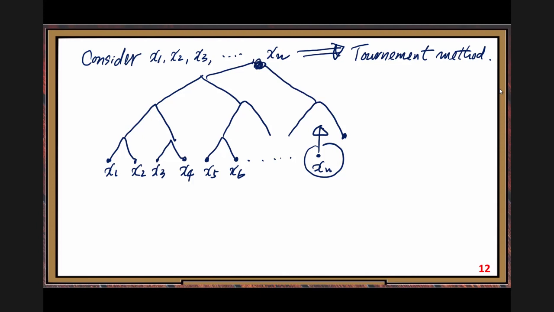Now, how many games do we play to find the winner, the final champion? The first question: how many games to play? That means how many comparisons do we need to get a champion if we use this tournament method?